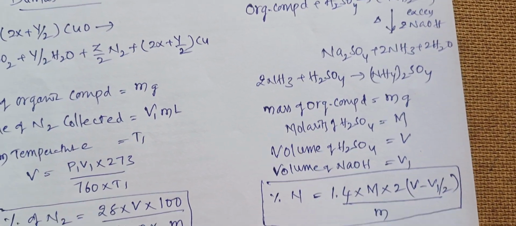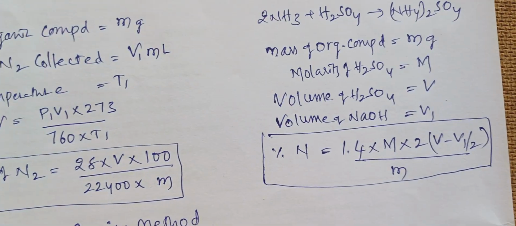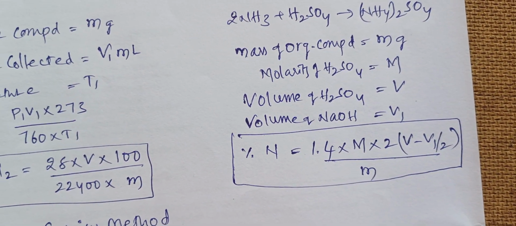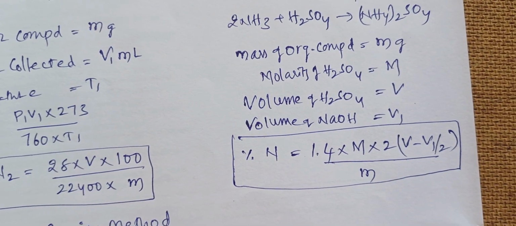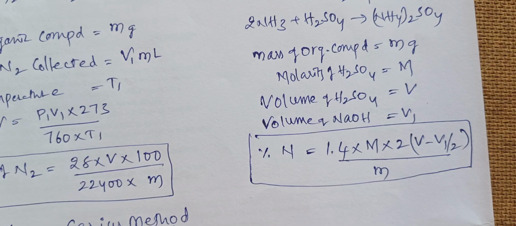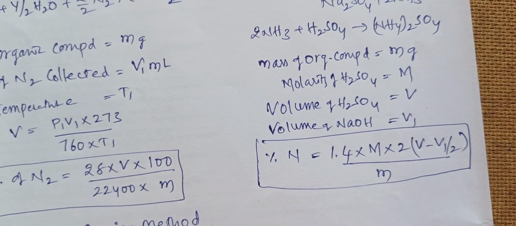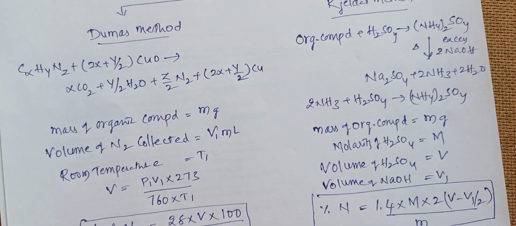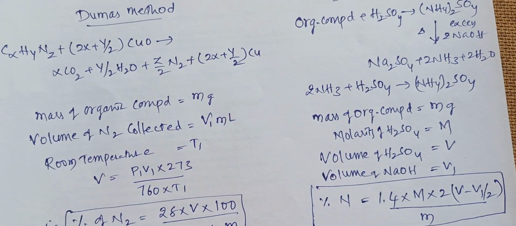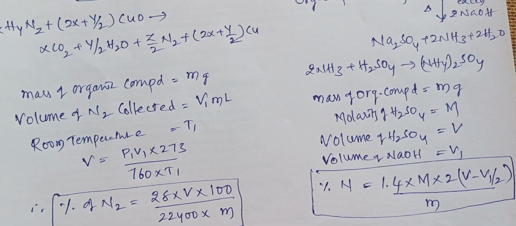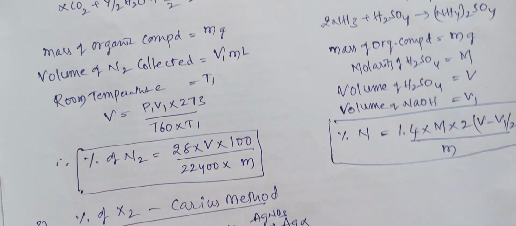We calculate the percentage of nitrogen by the Kjeldahl method with the formula 1.4 into M into 2 into (V minus V1 by 2) divided by m. This formula is also very, very important. Several times they ask the percentage of nitrogen. This is a simple problem. If you substitute the values, you will get the answer. So this is very important.